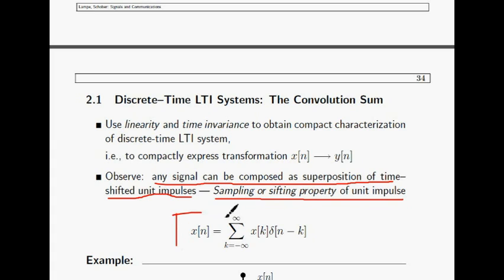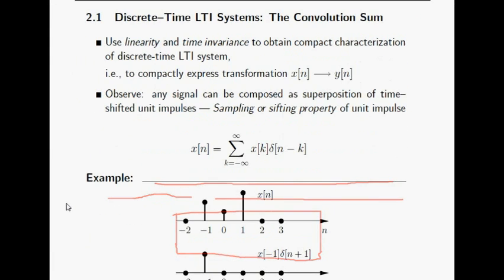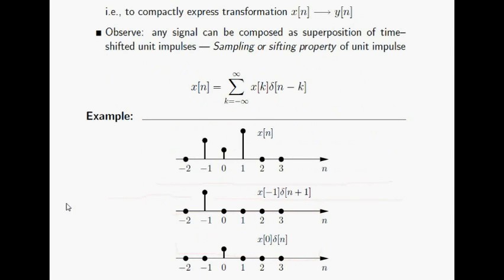So this is the convolution sum formula. Memorize this formula because it will be used many times. What does this say? That the signal x[n] is equal to the summation from minus infinity to infinity of x[k] delta[n minus k]. Now let's understand this better with the help of an example.